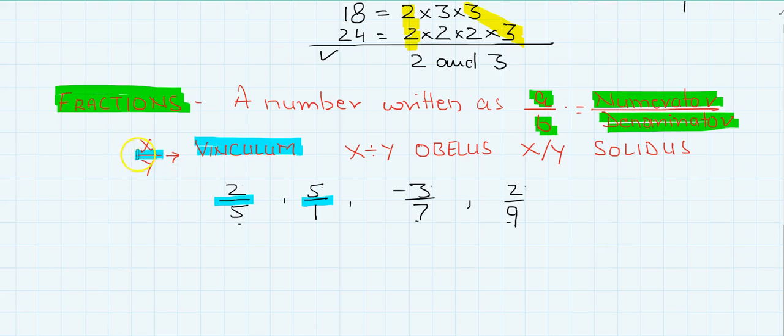Generally we write it as x divided by y or x over y, or we just say it is a division bar, x divided by y, but sometimes it's used as vinculum.